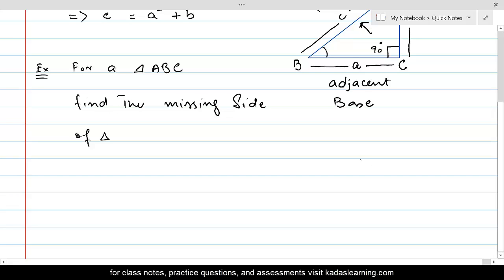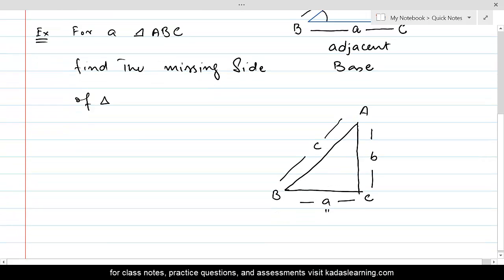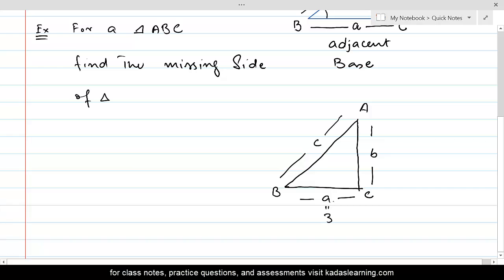Here, let's have this triangle, this is a right angle triangle, and let's name it as A, B, and C. Obviously this would be B, this would be C, and this would be A. And if A and B are given, we can find C. Let's assume that A was given equal to 3 and B was given equal to 4.